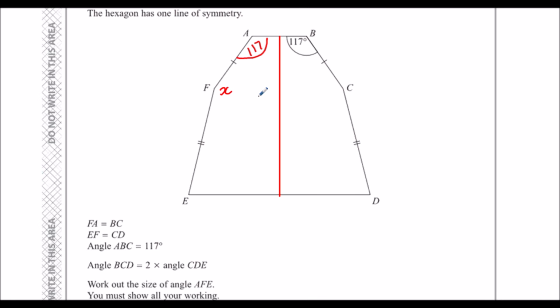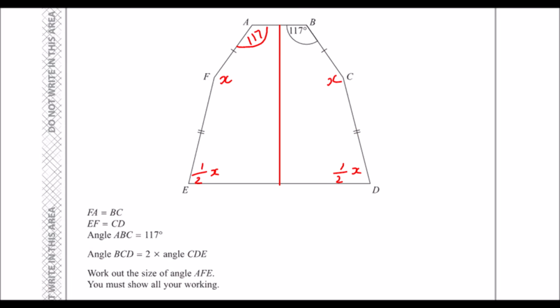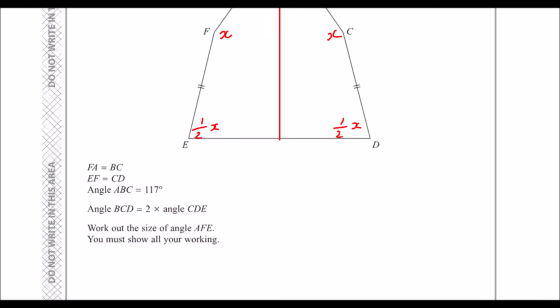So we'll call this X, that's what we're working out. And that's twice the size of angle CDE. So if X is 2 lots of this, let's call these half X. These 2 angles are X. These 2 angles are half X. And we need to work out X now.